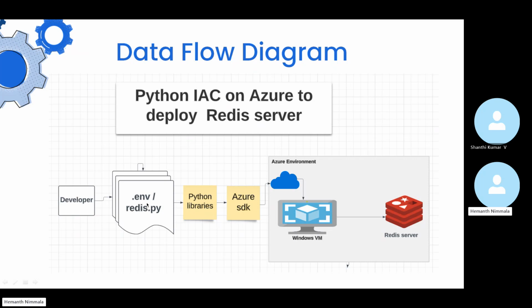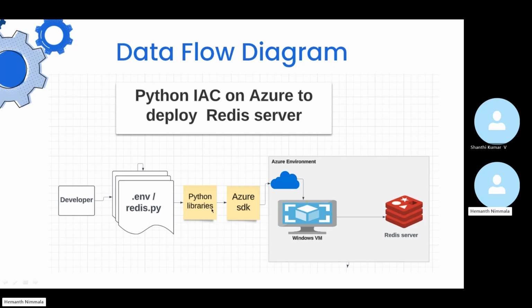They can all be stored under environment variables so that we are not hard coding them in the Python file. And we also have another Python file, redis.py, which has all the configuration details: what resources we are creating and how many dependency resources are required.